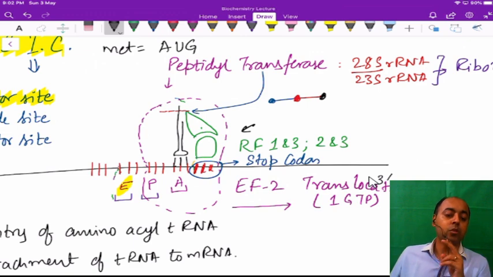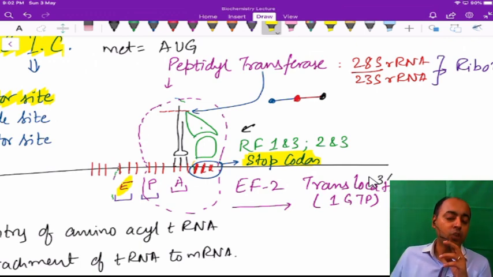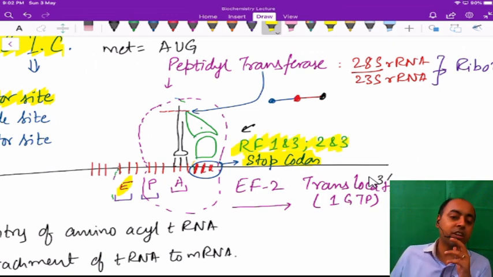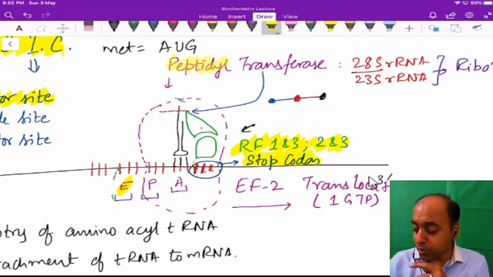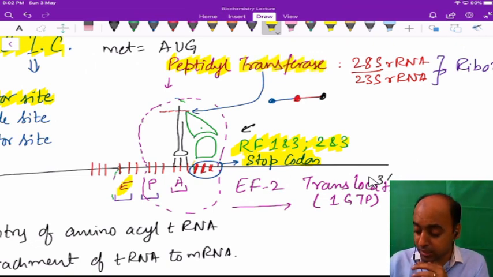Okay, so remember, three things are required for termination. What are those three things? First, the presence of a stop codon. If the stop codon is not there, the termination will not begin. Second, releasing factor 1 and 3 or releasing factor 2 and 3 should be able to come and occupy the A site. Once the releasing factor is in place, peptidyl transferase should be available to act and will cleave the bond between the peptide chain and the tRNA.